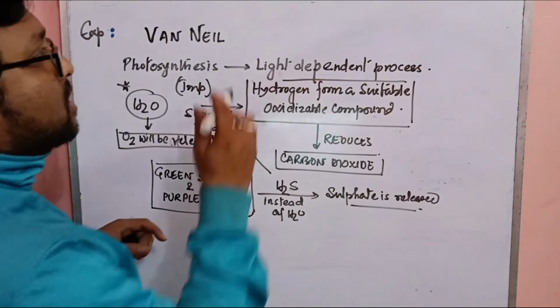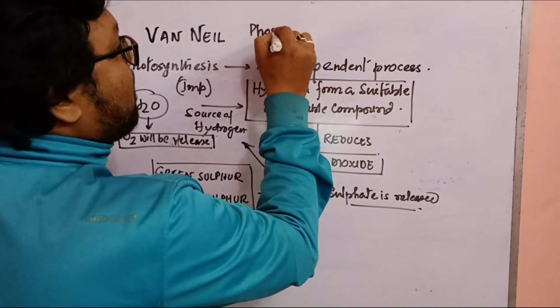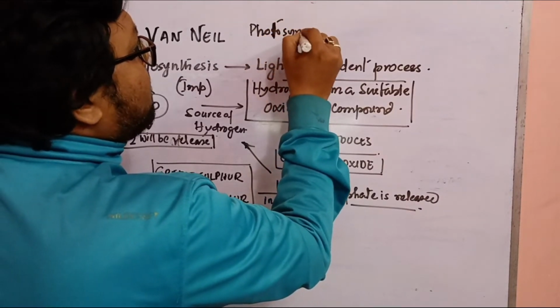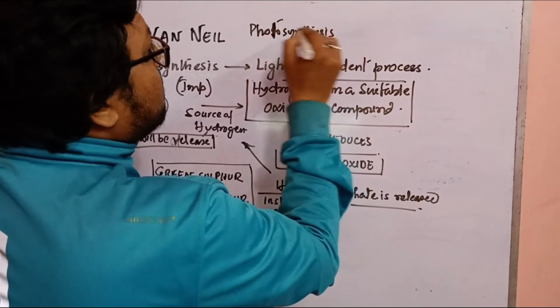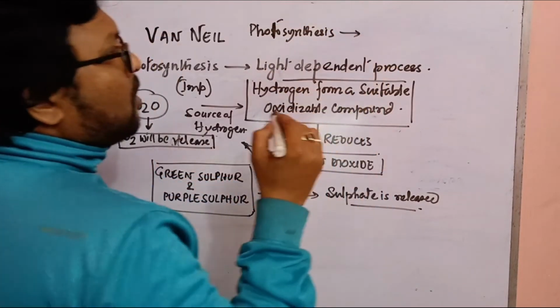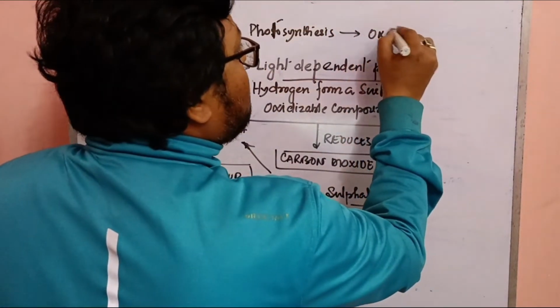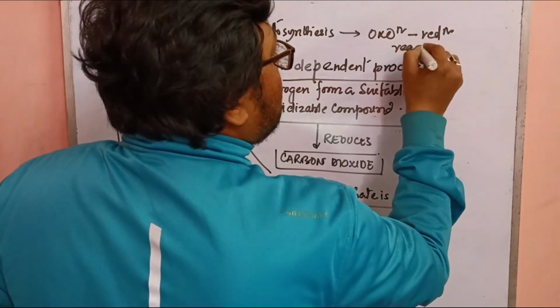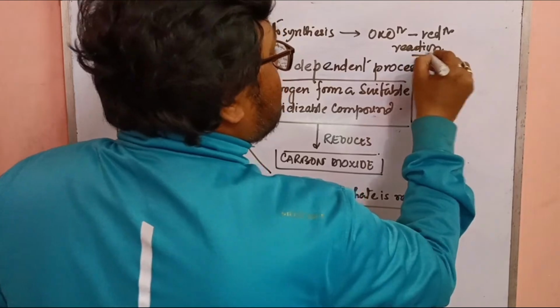So we can simply say that photosynthesis is an oxidation reduction reaction.